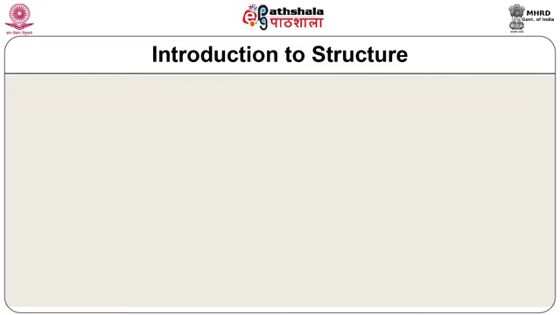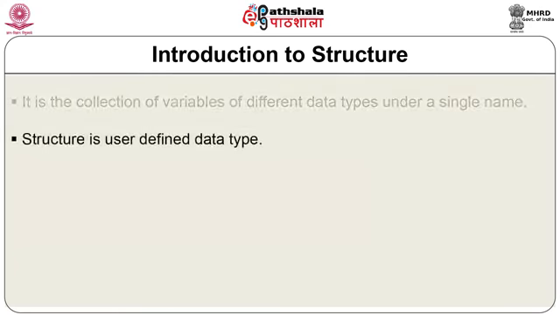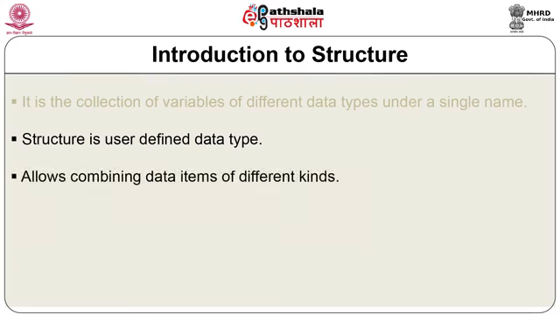We can say a structure is a collection of variables of different types under a single name for better handling. Similarly, a structure is another user-defined data type available in C that allows combining data items of different kinds.